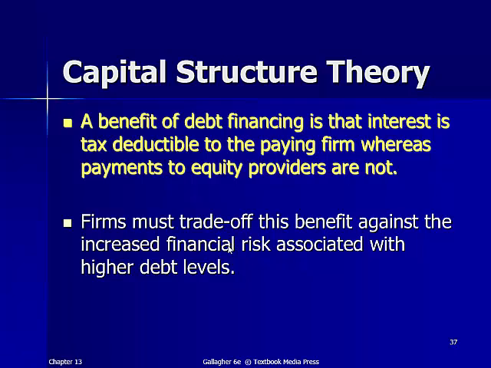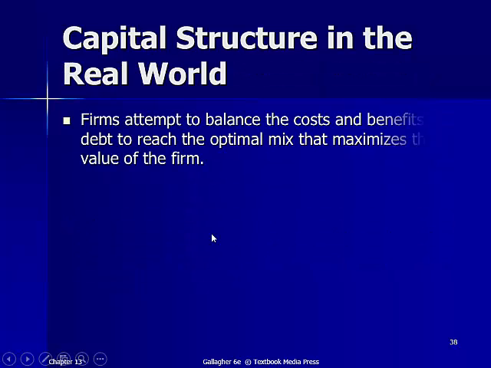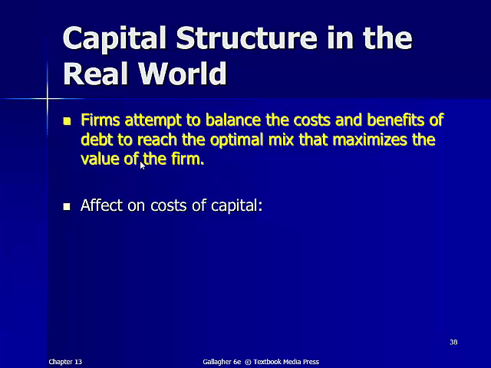So debt is constantly presenting us with a good news, bad news kind of scenario. And so what firms try to do is to balance these costs and benefits in order to find the optimal mix. And when you find the optimal mix of debt and equity, then you are maximizing the value of the firm. This is the place where you're minimizing your weighted average cost of capital.